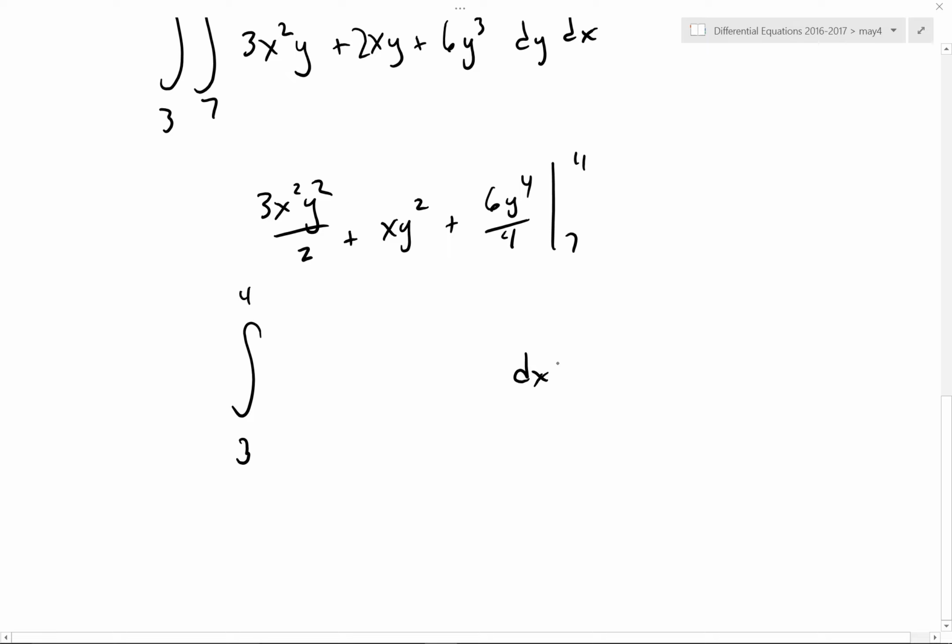What do you get? 108 x squared plus 72x plus 18,360.